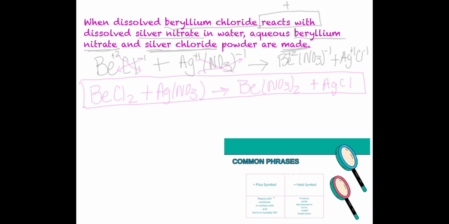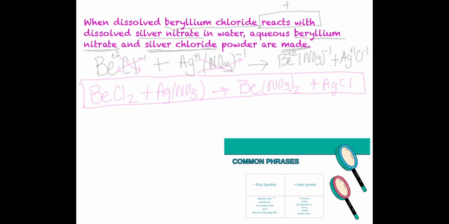So we want to make sure that our focus in the skeletal equation is to pull out our reactants and our products. That is our focus. These other extra words are not going to take you away from being able to pull out what it is that you need, okay? So don't get discouraged by that.